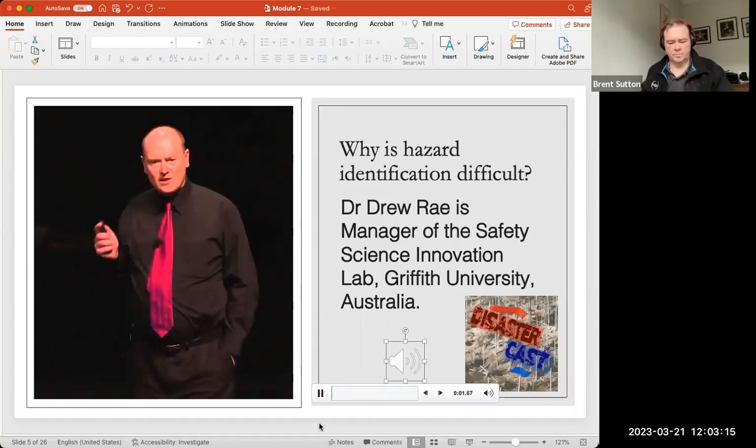Why is hazard ID so difficult? And this is the basic management. A hazard is the basic management unit of system safety. Almost all safety activities throughout a system lifecycle have, as a precondition, a list of the hazards that need to be managed.